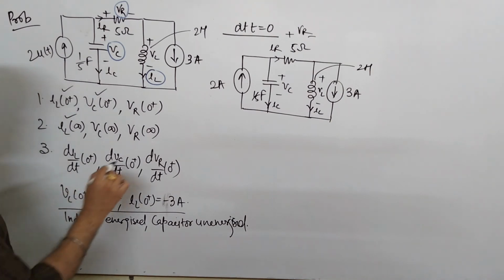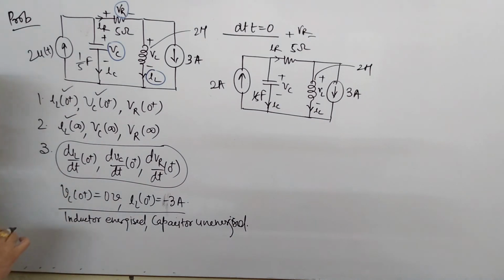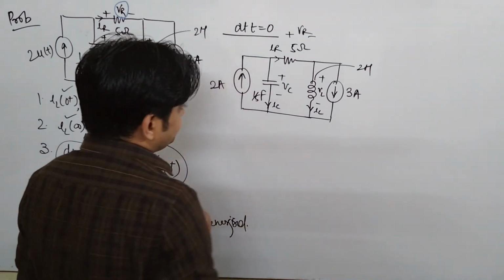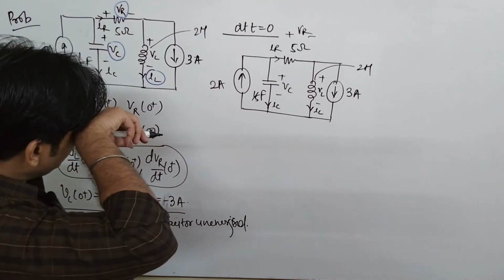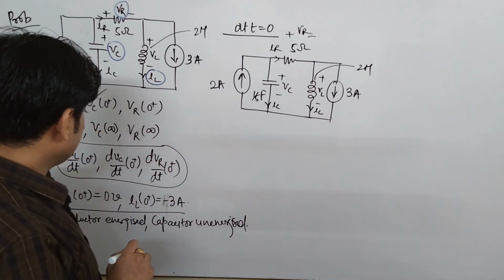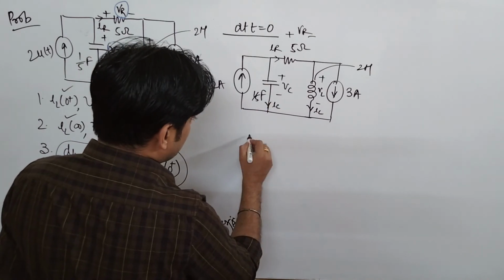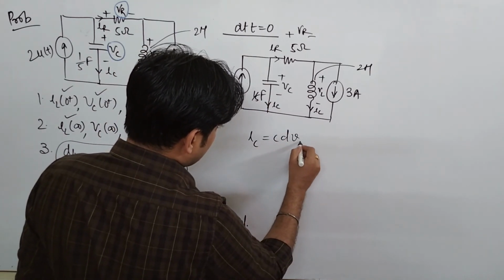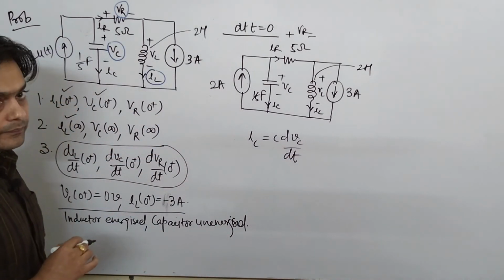As I told you earlier, for finding these differential values, we have to draw a circuit at this condition. First of all, we will write the equations. If you see from here, the current IC you can write as C dVc/dt.